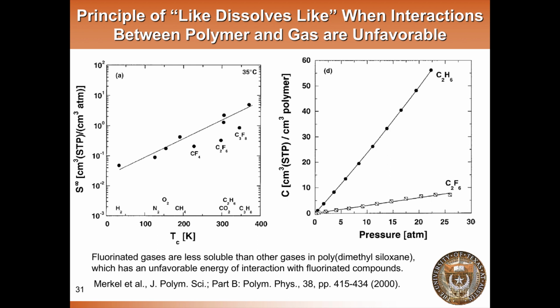And if they dissolve to a low extent, then they have less tendency to alter the transport properties of the membrane in ways that are unfavorable, so-called plasticization phenomena that we'll talk about later.